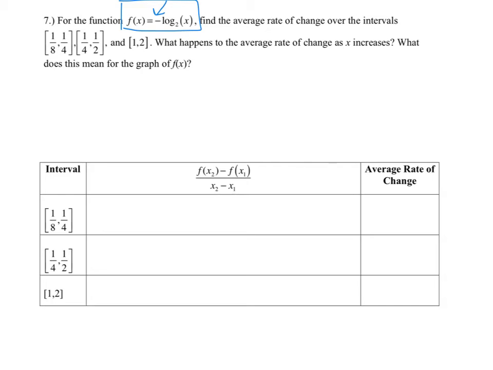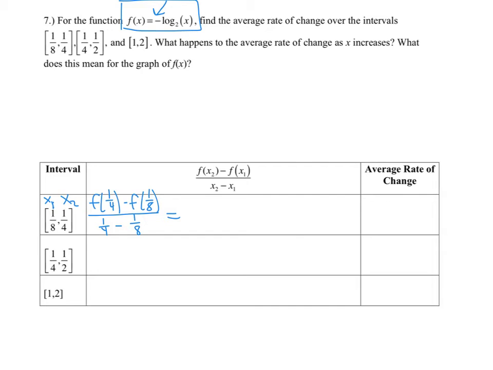Alright, so for my average rate of change, I've got to find f of 1/4 minus f of 1/8 and divide that by the difference in the x values, so 1/8 minus 1/4, because remember this is x1, x2. They don't give us the y values, so we have to calculate those. So these are two x values.